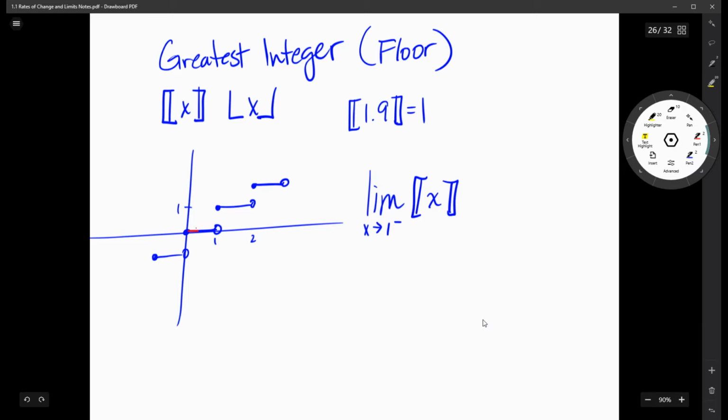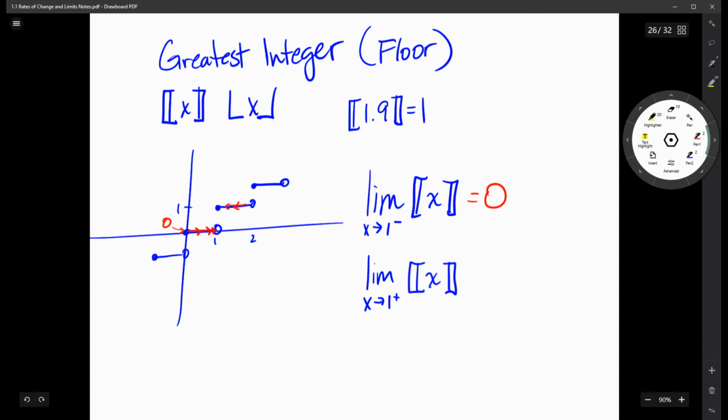If we approach 1 from the left side, this function is flat and it's tending toward a y value of 0. But if we ask the same question, but now the limit as x goes to 1 from the right of the greatest integer, well, let's take a look at the graph.